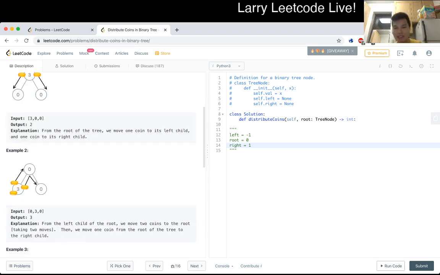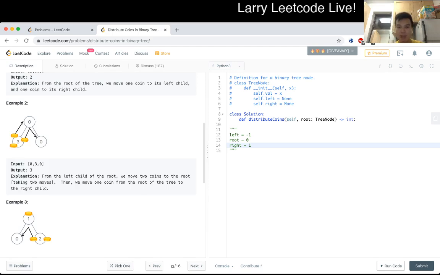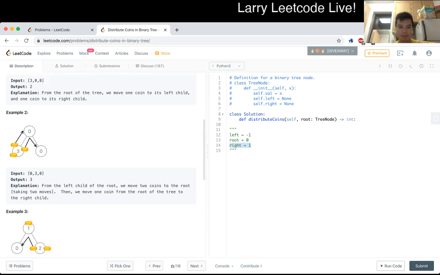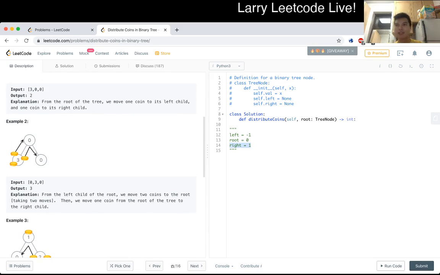So then the invariant is that if the right subtree has one excess coin, and the left subtree has one required coin, that means that one coin will go from the right to the root, and then from the root to the left. So that's two moves, right? So that's how I think about it. And then you do the math that way, and then recurse.